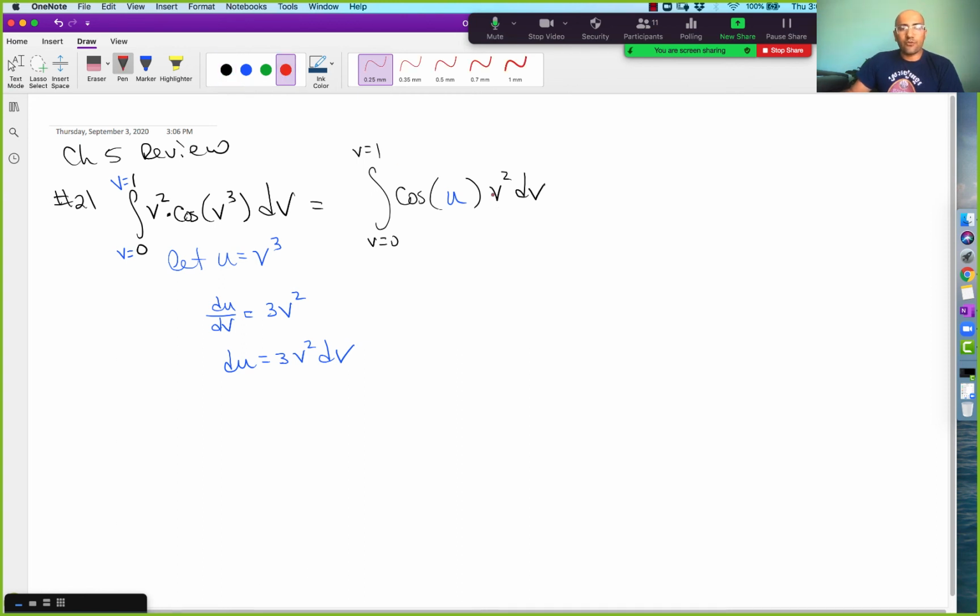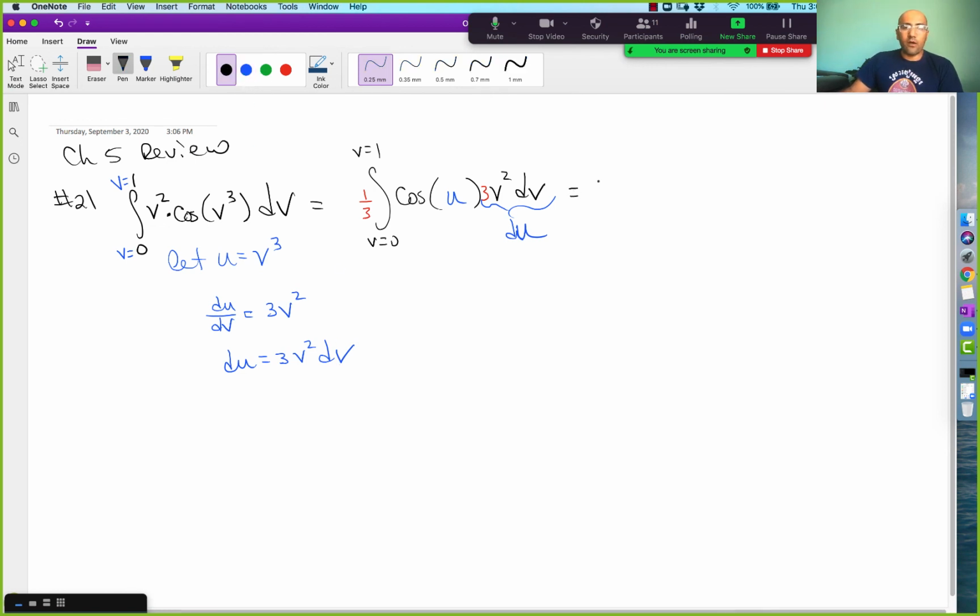So I'm going to have to introduce that 3. 3 goes in there, and I balance it out with a 1/3 out there. 1/3 times 3 cancel out, and now that becomes my new du. du equals 3v squared dv.